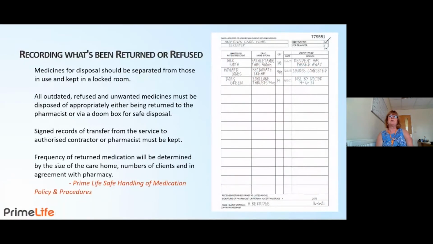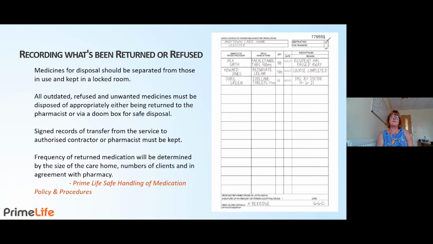Recording what's been returned or refused. Medications for disposal should be separated from those in use and kept in a locked room. All outdated, refused and unwanted medications must be disposed of appropriately, either being returned to the pharmacist or via a DOOP box for safe disposal.